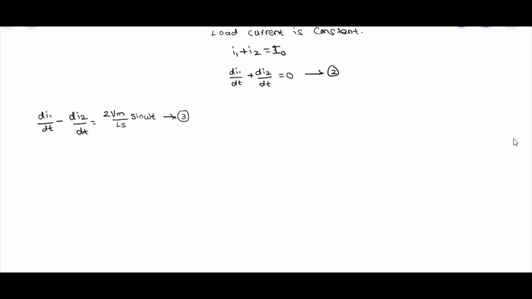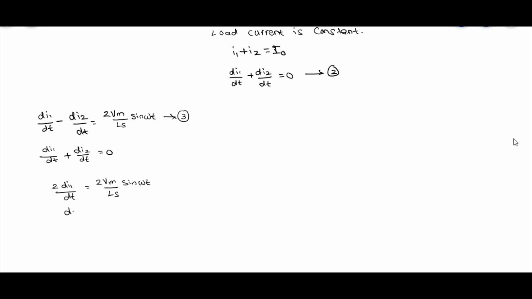And you have di1 by dt plus di2 by dt equal to 0. If you add these two, what you will get? You will get 2 di1 by dt equal to 2Vm by Ls into sine omega t.